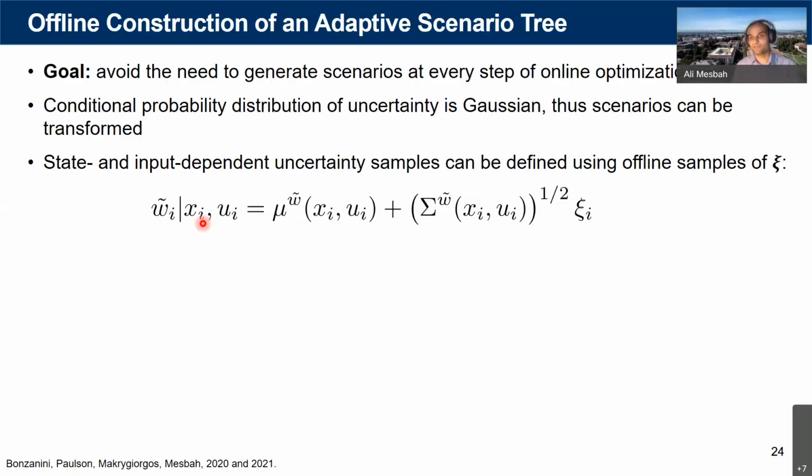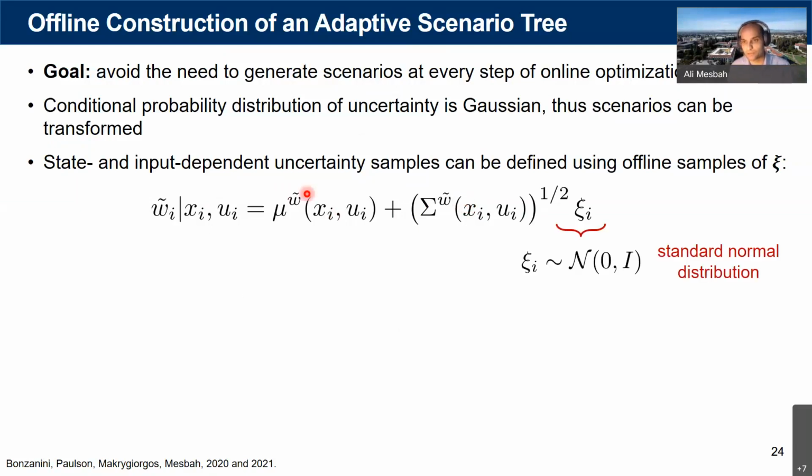So we can very easily generate these scenarios offline from some normal distribution, and then use the mean and the covariance of this uncertainty description that we're adapting in real time based on real-time data to move these scenarios. This would allow us to deploy such a learning-based decision-making scheme in real time and significantly mitigate its computational complexity, because all the scenario generation is done offline, and at each point you simply move and adapt your scenario.